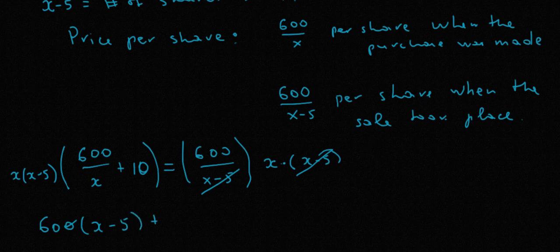When we multiply 10 by x and x minus 5, nothing cancels out, so we just leave it like that. And then on the right hand side, we get 600 times x.